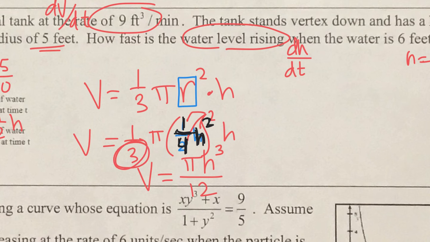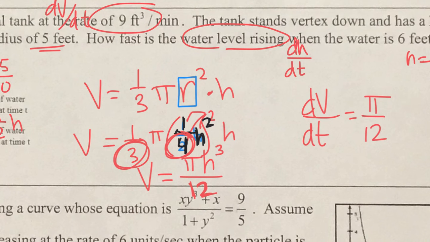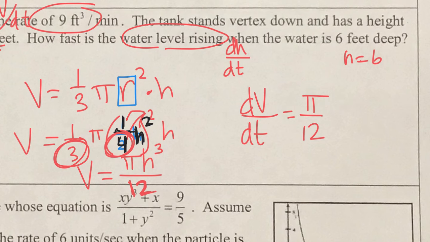When I do my 3 here times my 4 there, that's my 12 on the bottom. And now I can take the derivative with respect to time. Pi over 12 is a constant. The derivative of h cubed is 3h squared, and then I multiply it by dH dt.